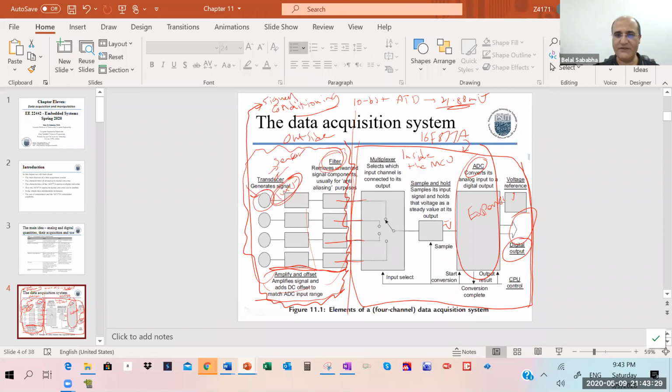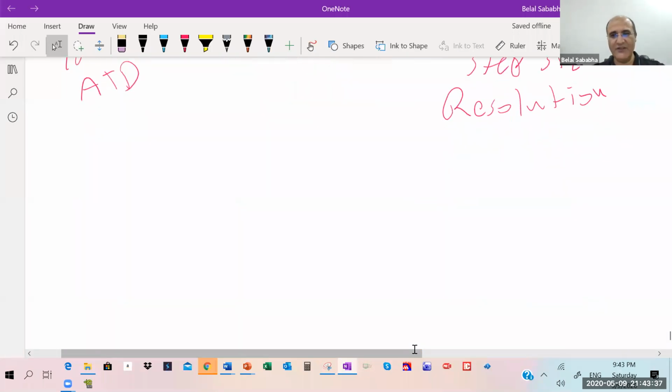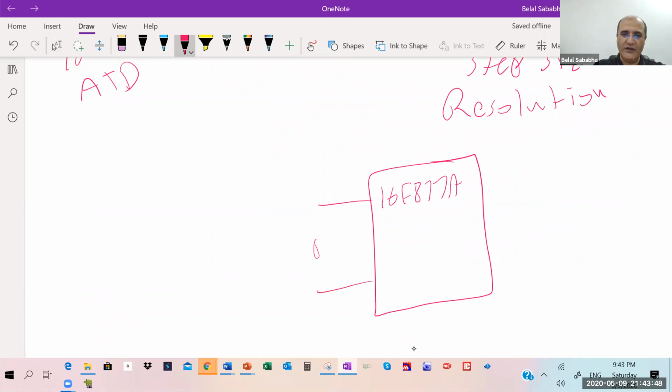And these pins, we're going to talk about them. We started this in chapter 7, that's still running. We have 8 channels. The 16F877A controller has one port A, from RA0 to RA4, right?